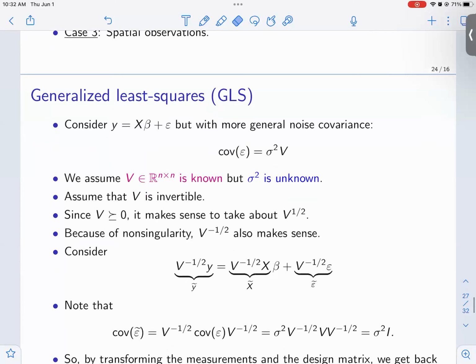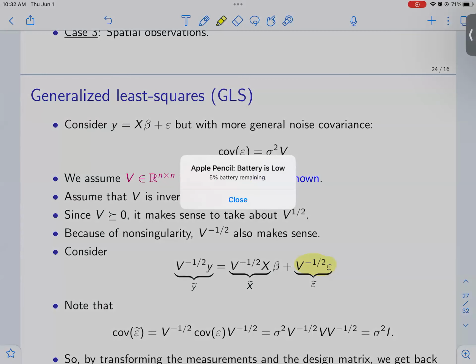I'm going to call this y tilde, this x tilde, and this epsilon tilde. If you go through the slides or just do the calculation for yourself, I can calculate the covariance matrix of this. It's just an affine transformation. You get V minus 1/2 times the covariance times V minus 1/2. V is symmetric, so you plug in V here, and these cancel out. You get I. So you get sigma squared I.